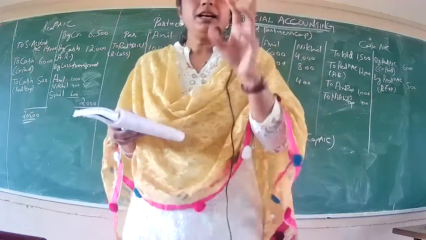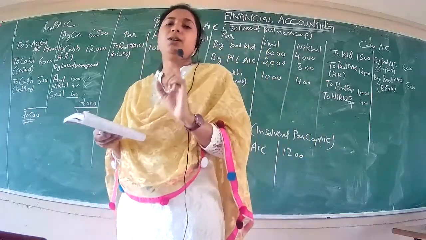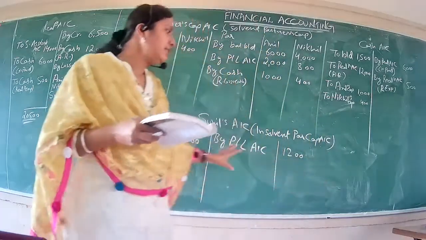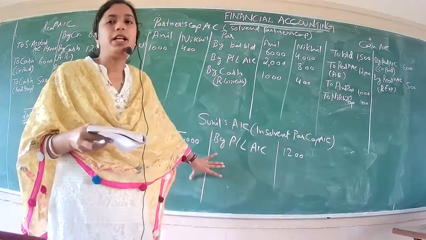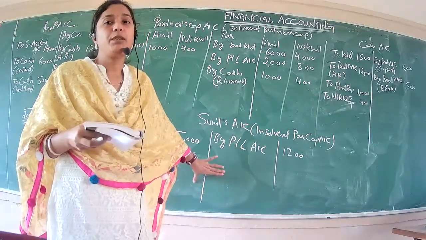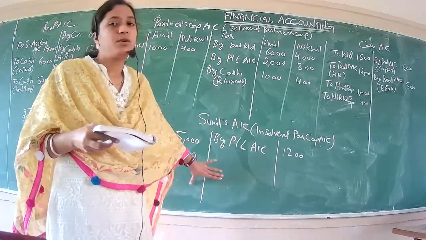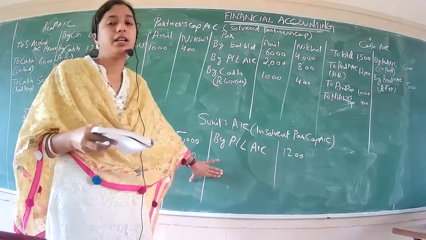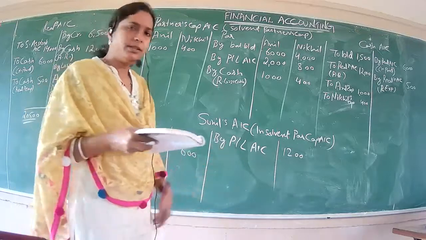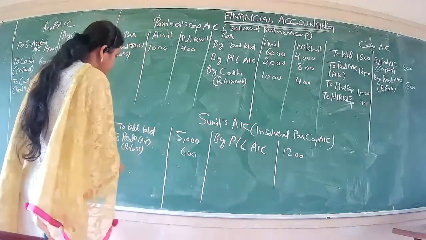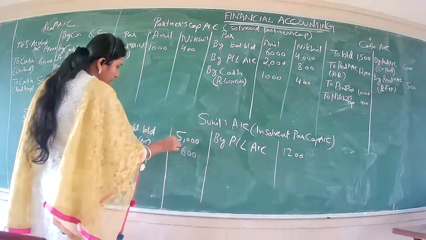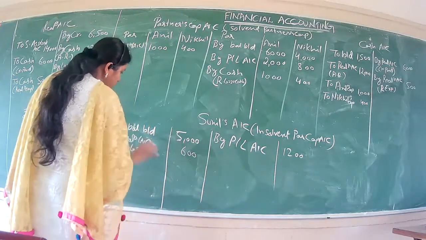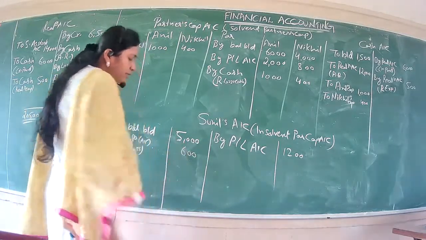Now next we have to close the insolvent partner's capital account first. If you remember, first we have to close the insolvent partner's capital account. So we'll try to close. If we check his debit balance, there is 5,000 excess drawn of capital and realization loss of 600.